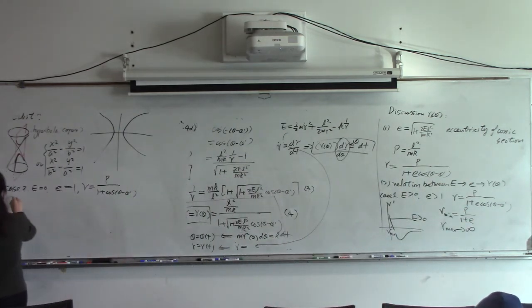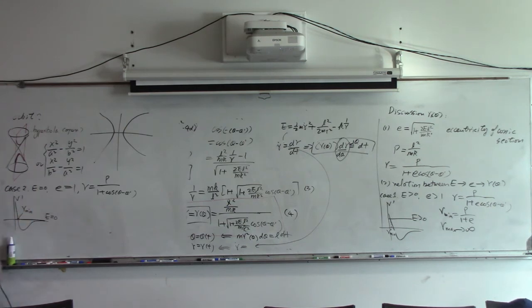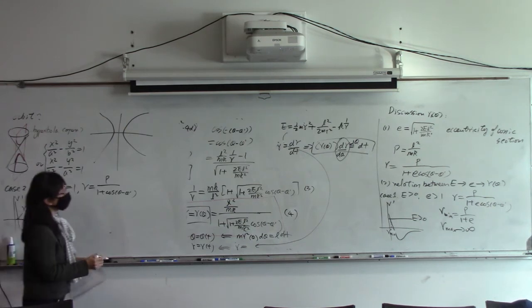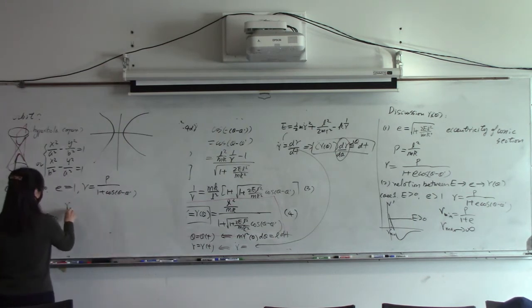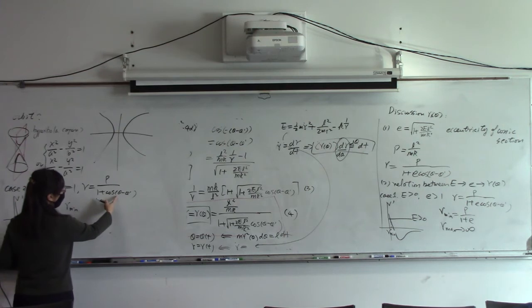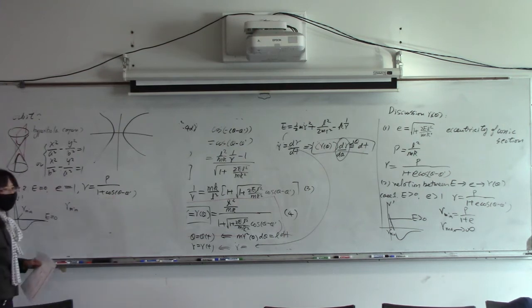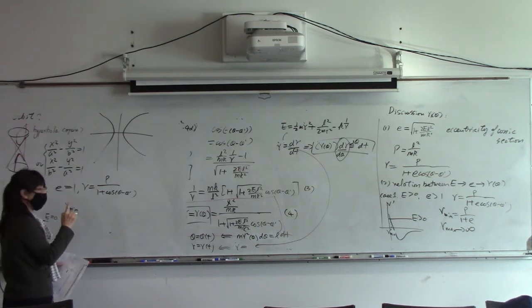Then what happens? We also look at this curve, if you remember. That corresponds to energy equal to 0 here, and we still have only one turning point. So here r minimum is when cosine theta minus theta prime is equal to 1.